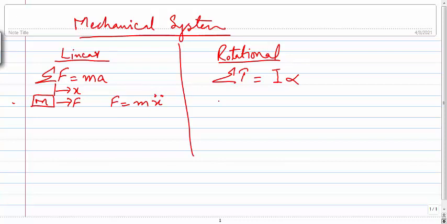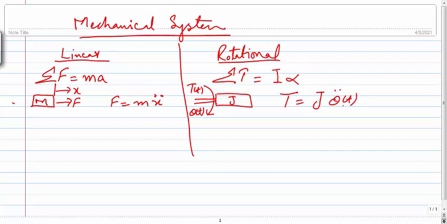Similarly, in case of rotational motion, connected with some motor that rotates in a particular direction, say torque with theta in time, the relation is torque equal to J theta double dot of t. So this is the basic component in both cases.